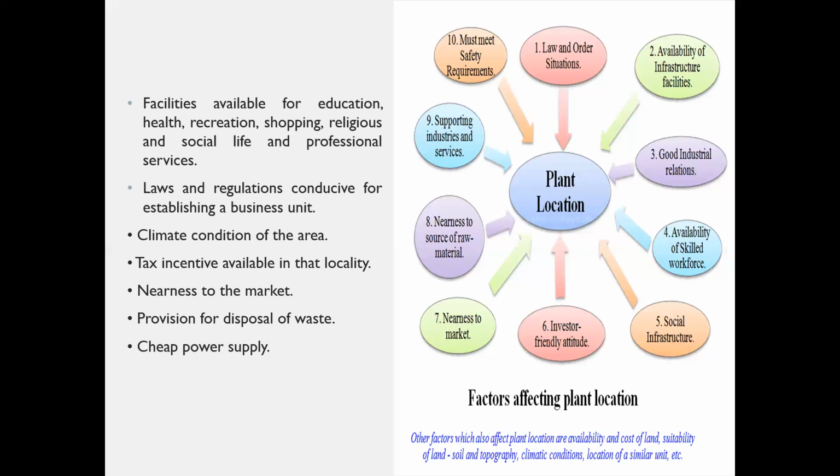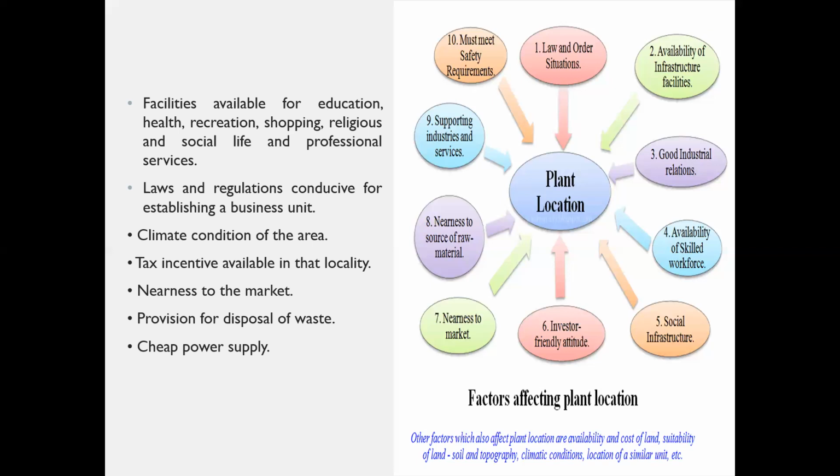Next is nearness to the market. Market is where you are buying the material for production and where you are selling your produced output. So it is very important that along with the transportation, the nearness to market is good. If there is no nearness, the time consumption will be more.